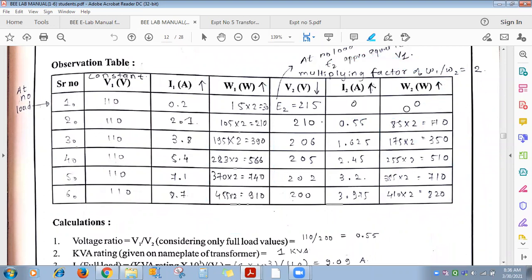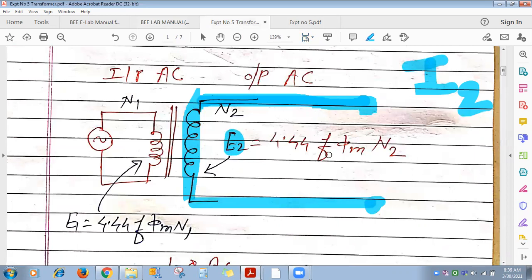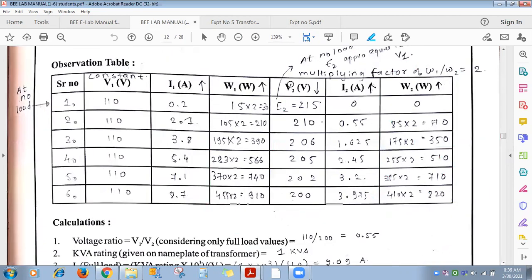Now, whatever EMF gets induced in the secondary winding in the first reading at no load, we call it E2, and as no load is connected on the secondary, it is called the no load voltage. So for the first reading, whatever the value of V2, you have to mark it as E2, because no load is connected, and the no load voltage is marked as E2 and not as V2. Got it? And from the second reading, all the values will be V2. But whatever voltage you get at the first reading is called E2.